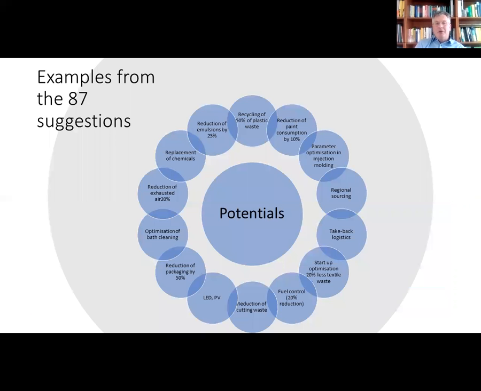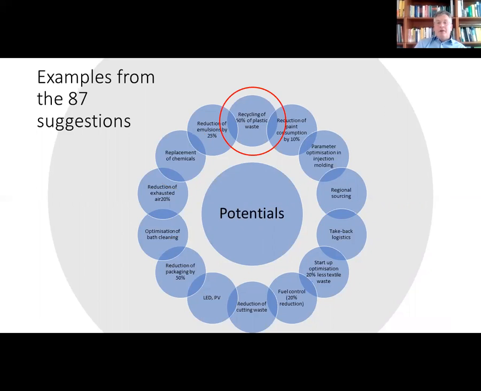These are some examples out of the 87 suggestions relating, for example, to the replacement of chemicals, to improve the useful life of surface treatment solutions and reduce problems with the wastewater, reduction of packaging in the supply chain, as well as when delivering to clients.